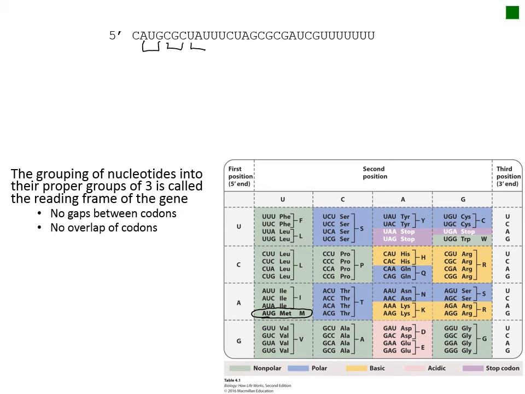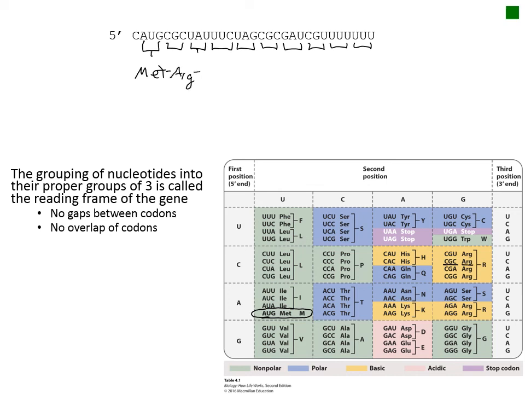Once the correct reading frame is set, we will be able to use the codon chart to determine which amino acid each codon corresponds to. We already know that the first amino acid is methionine. The second codon, CGC, when we look into the codon chart, we find CGC corresponds to the amino acid arginine.